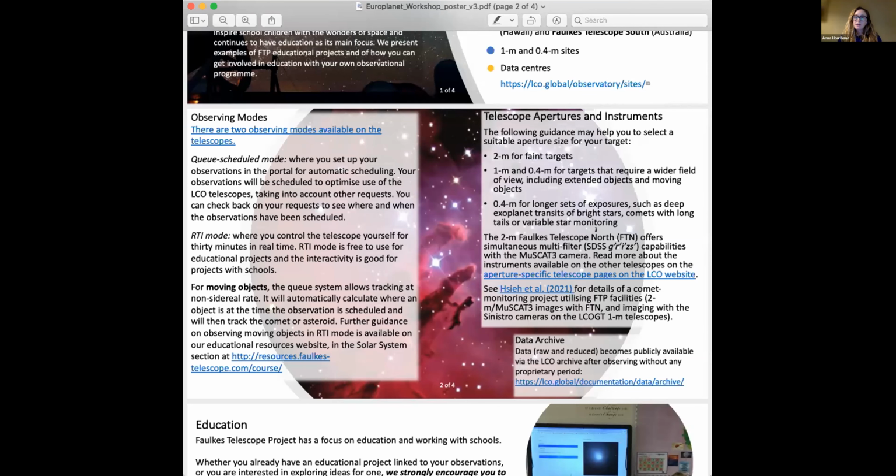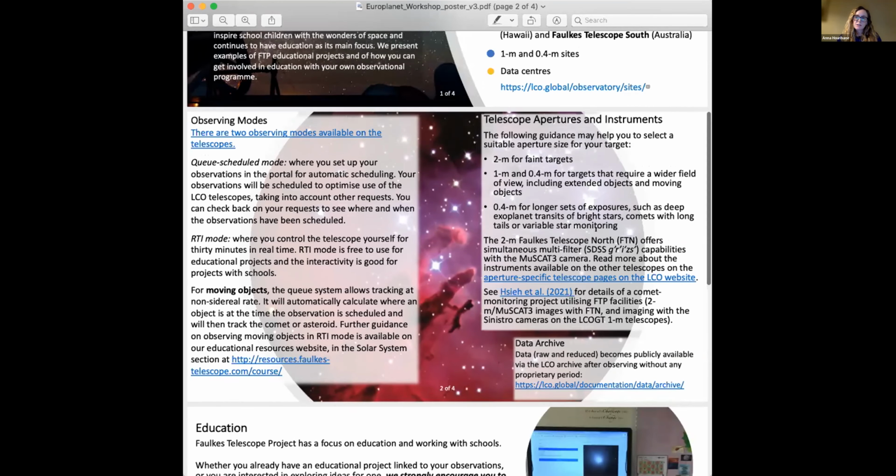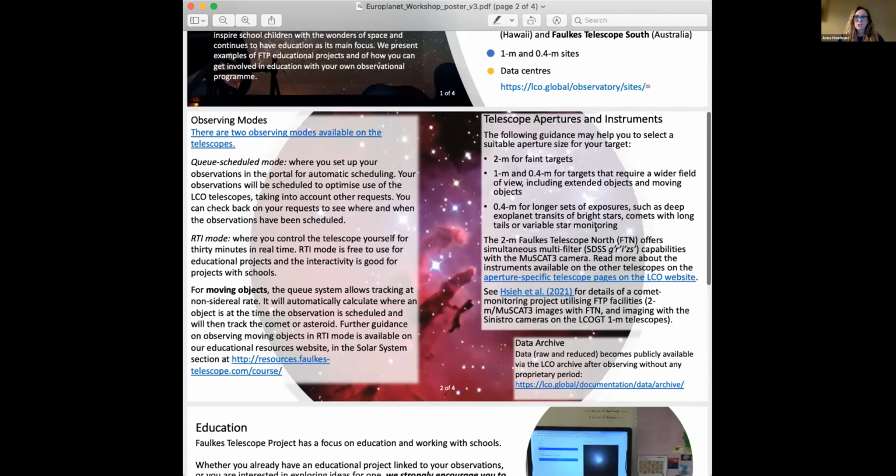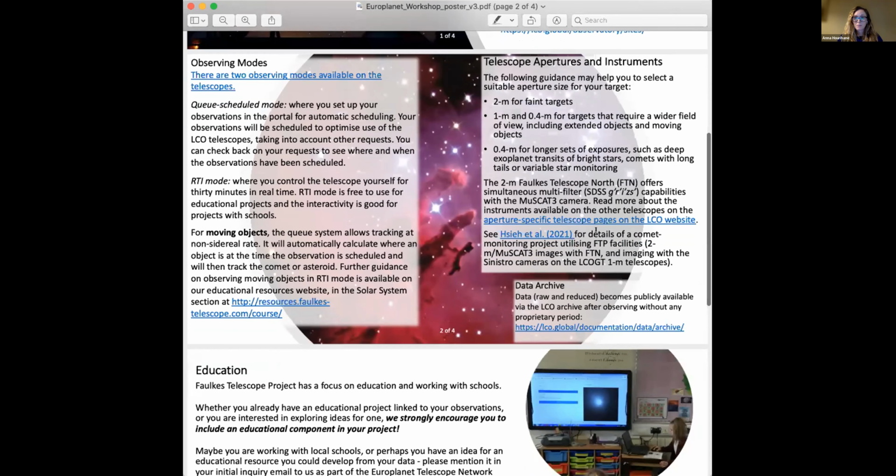The facilities are not as suitable for solar system planet imaging, because the exposure times are not short enough, but you could look at maybe some of the outer planets. If you do have anything in mind for those, do get in touch with us.